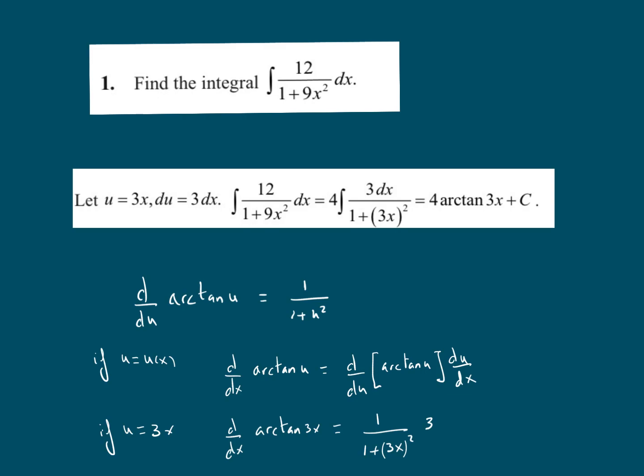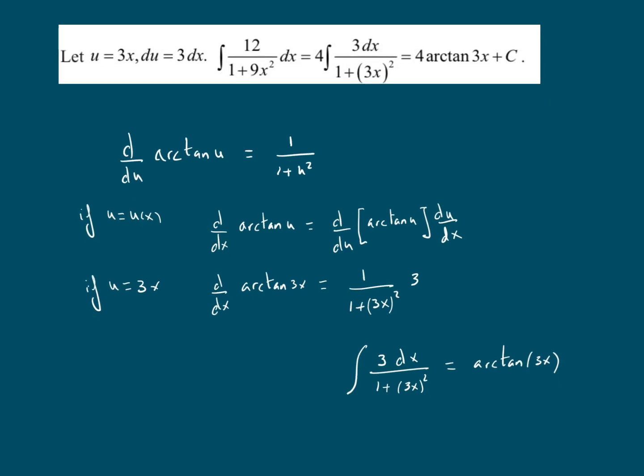So for the moment, we know that the derivative with respect to u of arctangent of u is 1 divided by 1 plus u squared. If u is a function of x, the derivative with respect to x of arctangent of u is the derivative with respect to u of arctangent of u multiplied by the derivative of u with respect to x, according to the chain rule.